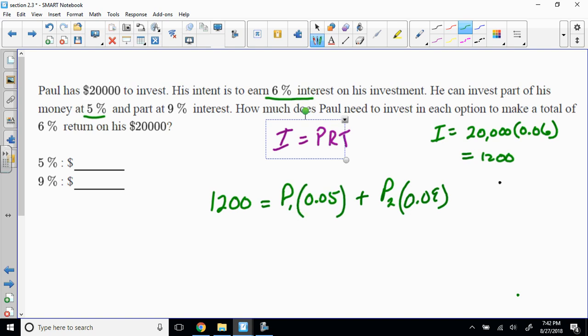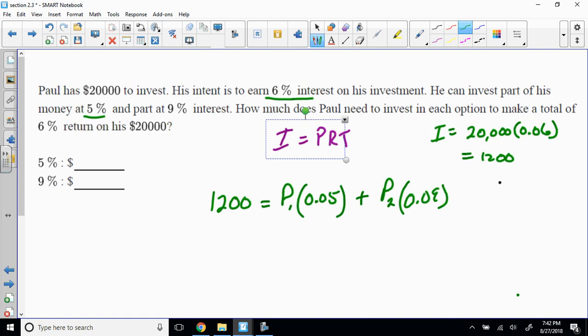So basically what I have is 1,200 in interest, the principal 1 for account 1 at 5%, plus account 2's principal at 9%. They better give me at the end of 1 year, at the same amount of time, a $1,200 return so that it is overall a 6% interest gain for this guy. So who would still be going like, I don't know at this point?